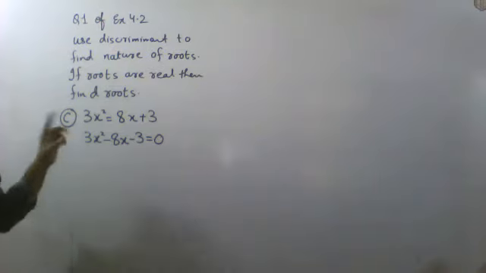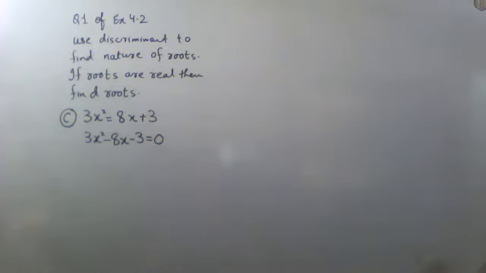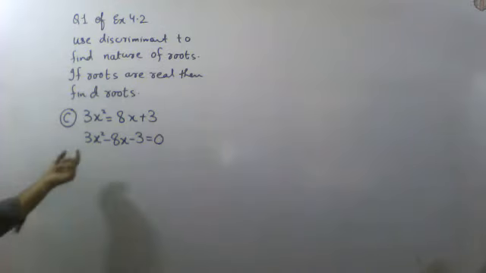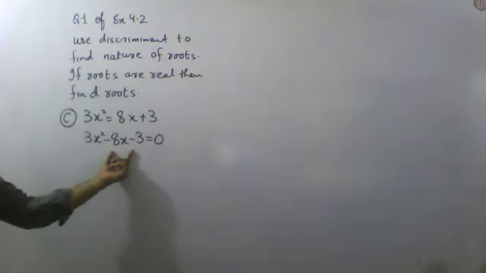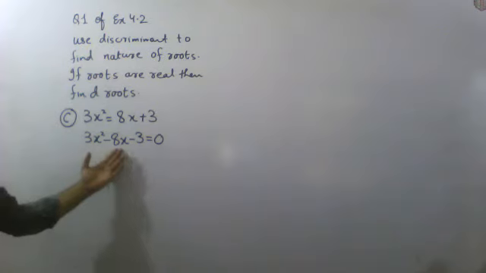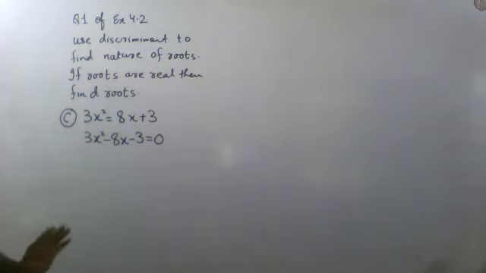I have simplified my given quadratic equation. Okay, that is my first step. Step number 2, x square terms should be written, then x terms should be written, and then constant should be written. Over here, I have got single terms, so it doesn't make any difference.